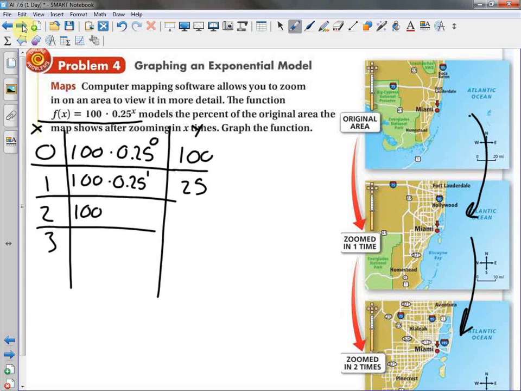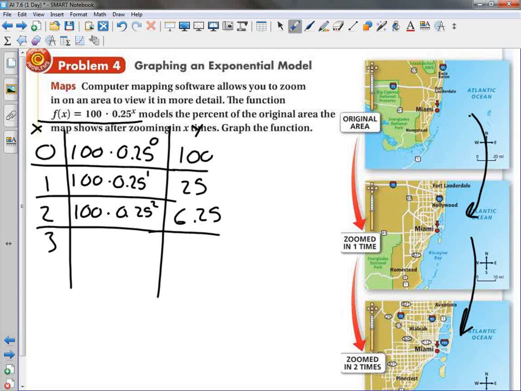If I plug in 2, I get 0.25 to the 2nd power, which I think we're going to have to use a calculator on this one, but we get 100 times 0.25 squared, which is going to give us 6.25.